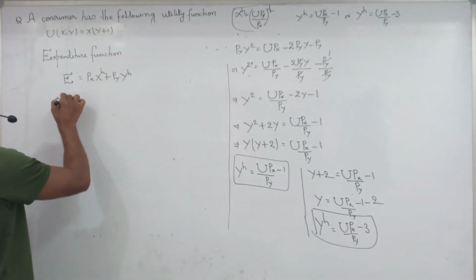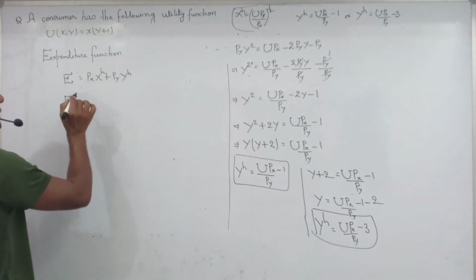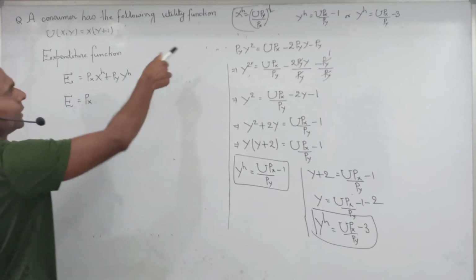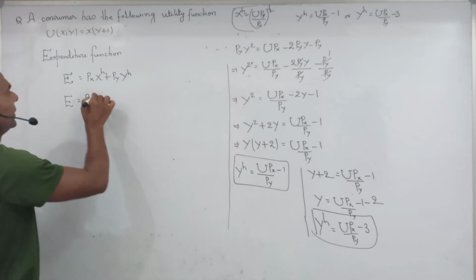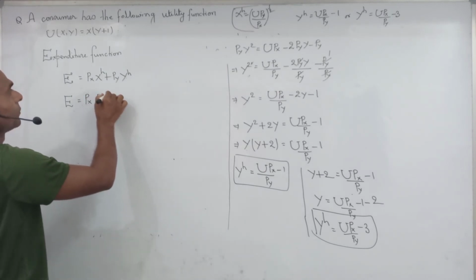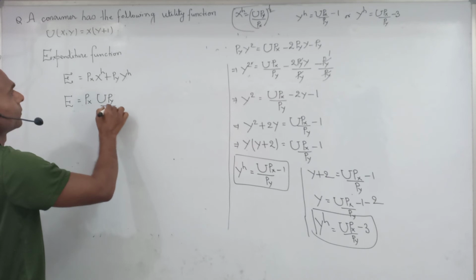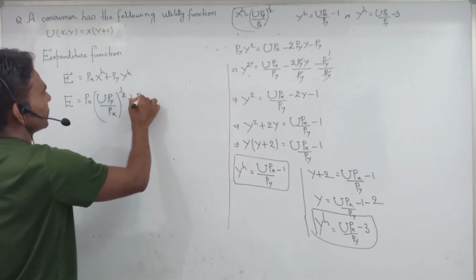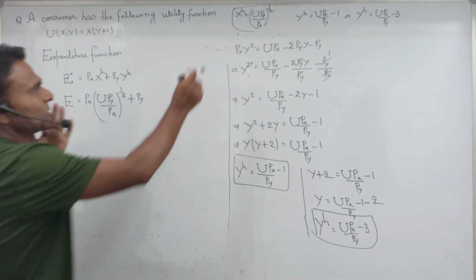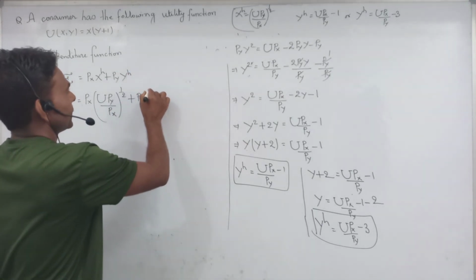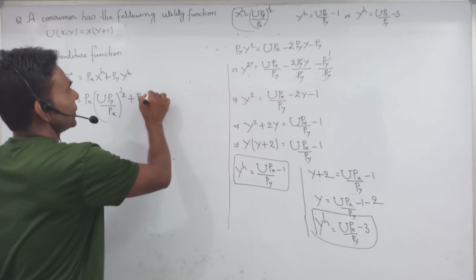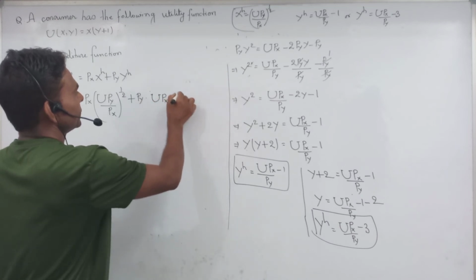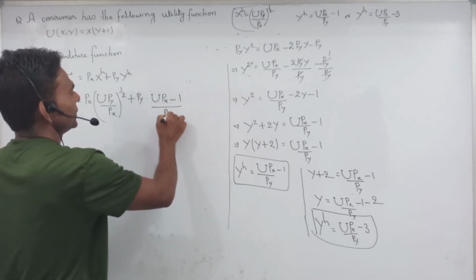E, denoting the expenditure function, equals price of x times the Hicksian demand function for x, u times price of y by price of x whole power 1 by 2, plus price of y times the first Hicksian demand for y, u times price of x minus 1 by price of y.